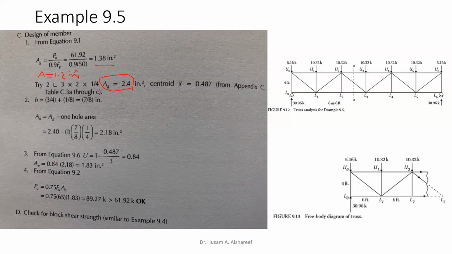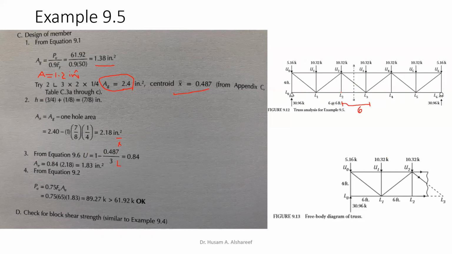Then to utilize this equation, U equals 1 minus X bar over L, the X bar is what we found from the appendix. The distance from here to here is 6.